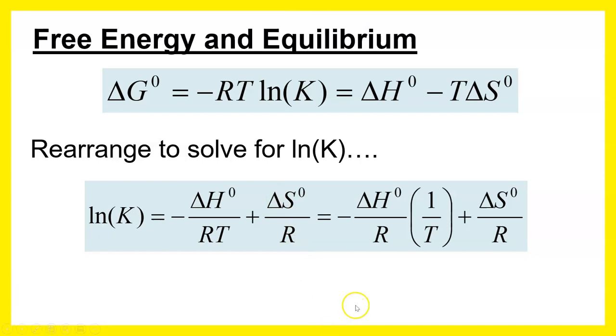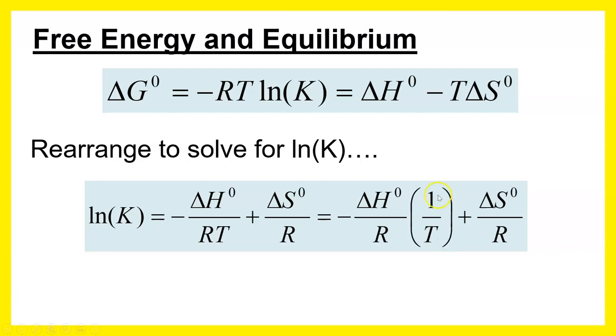Then I'm going to do something a little tricky. I'm going to pull out this temperature component. Do you see here? I'm isolating this so that it looks like its own thing. The reason for that is I can now really see that the K value over here, natural log of K, is proportional to 1 over the temperature.